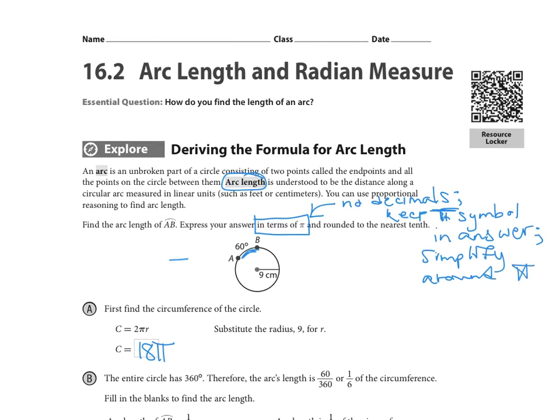So again, no decimals, keep the pi symbol in your answer, and simply simplify everything else around it, keeping it there as long as possible. So our circumference is 18 pi.